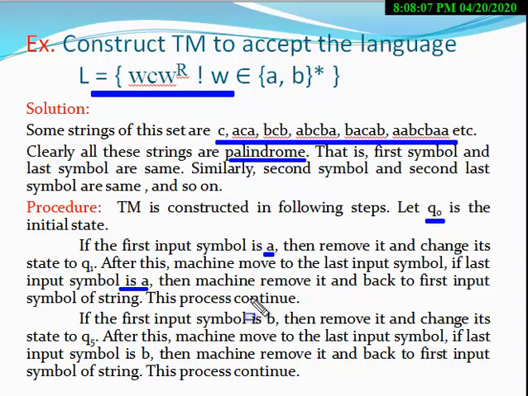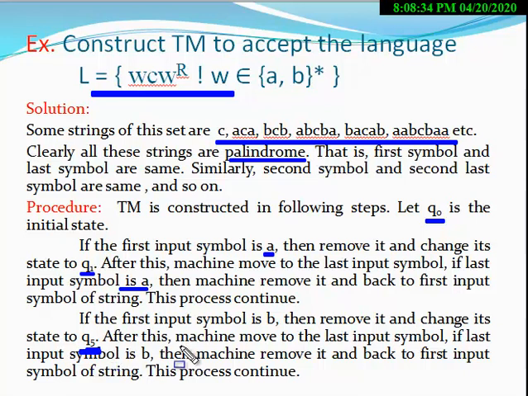This process continues. Next, if the first input symbol is B, then remove it and change its state to Q5. In the previous case the machine changed its state from Q0 to Q1, but here the machine changes its state from Q0 to Q5.